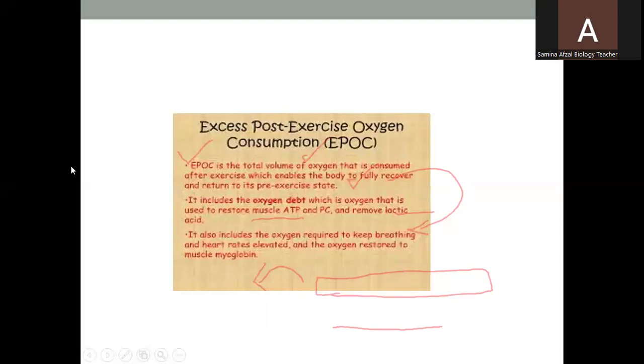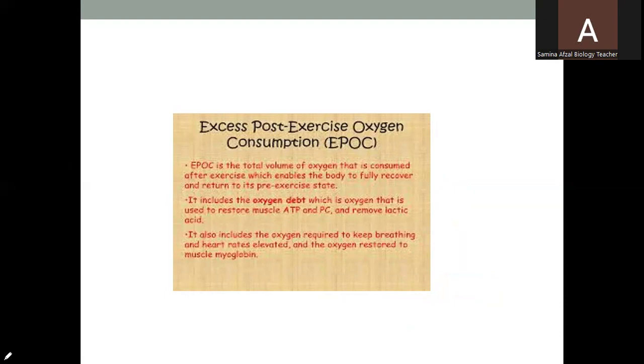this is actually in your syllabus, a new topic is inserted, and that is the new word for it: excess post-exercise oxygen consumption, which is abbreviated as EPOC. EPOC is the total volume of oxygen that is consumed after exercise.